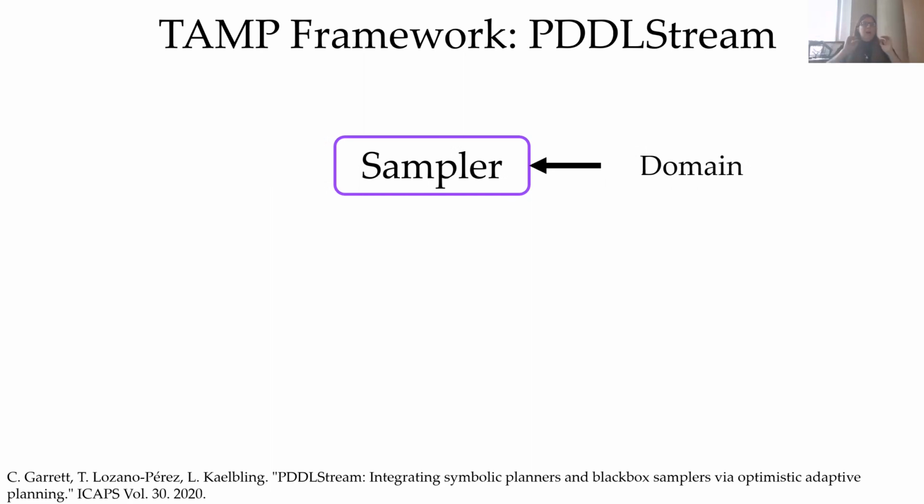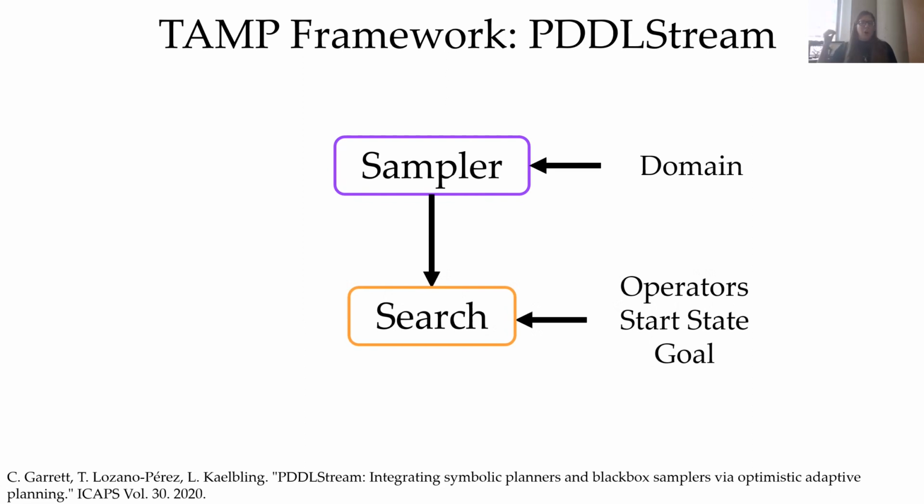So given a domain, we can sample a set of values of our parameters. You might imagine that we have some set of graphs, and we can sample what are valid graphs that satisfy our constraints. Given these satisfying samples, along with the operators that we've defined, a starting state, and some definition of our goal, we take all of this and we hand it off to, in this case, a PDDL planner.